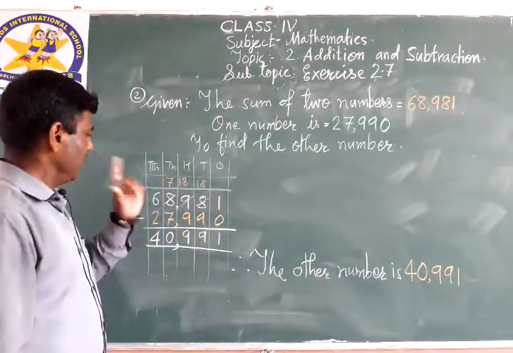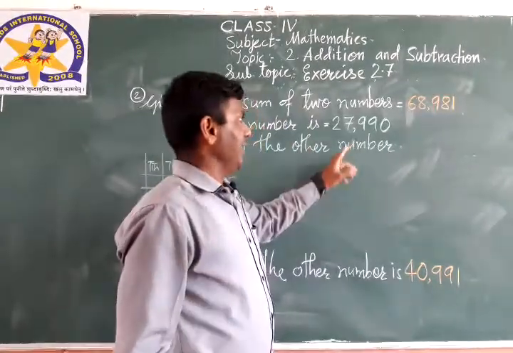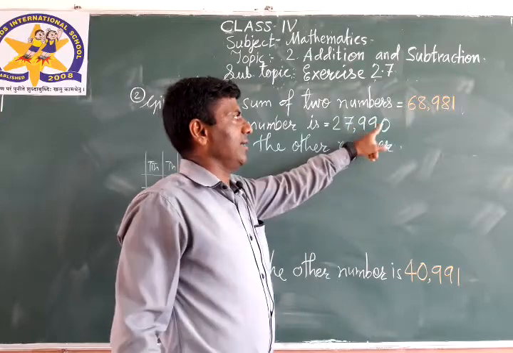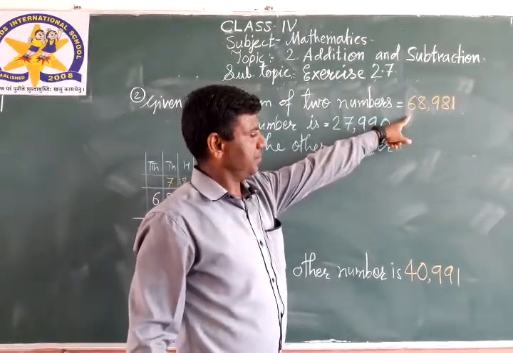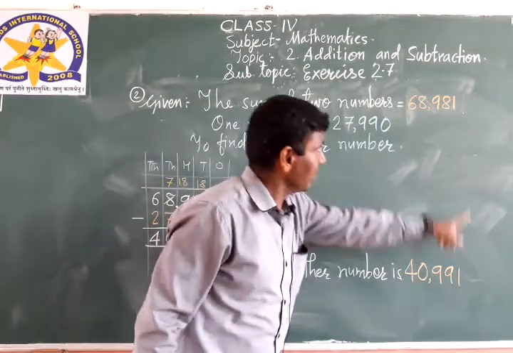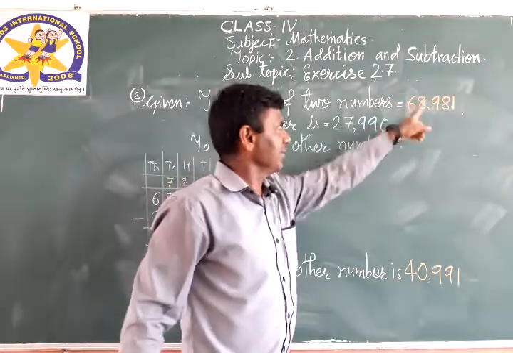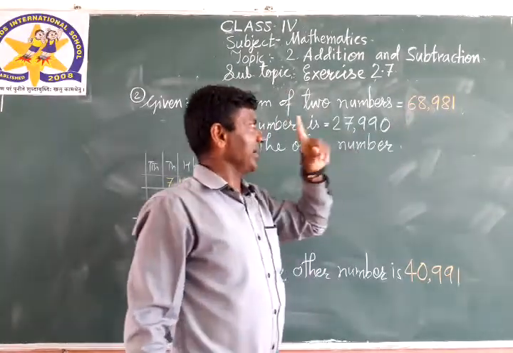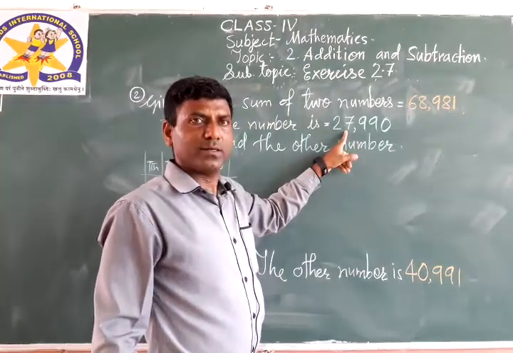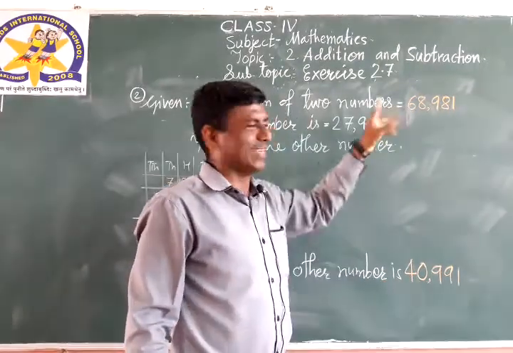Now if we add 40,991 and 27,990, you will get this number. 0 plus 1, 1. 9 plus 9, 18, 8, carry 1. 9 plus 1, 10, plus 9, 19, 9, carry 1. 7 plus 1, 8, plus 0, 8. And 2 plus 4, 6.